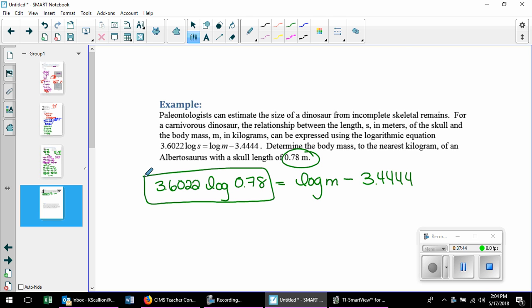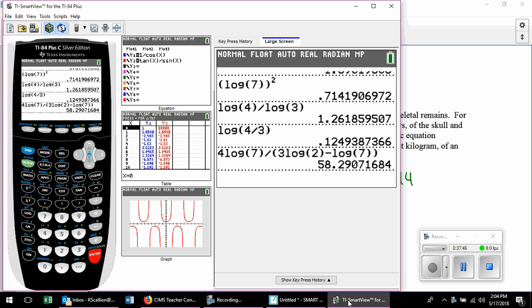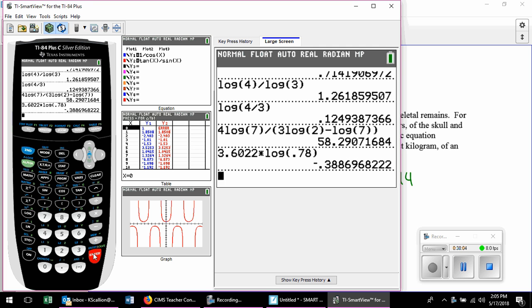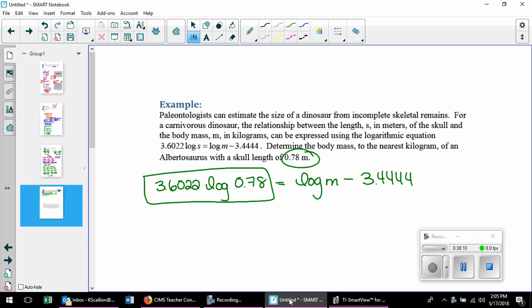So all you need to do is take 3.6022 and multiply that by log 0.78. I need to close brackets on that. And we get that number. Let's use 4 decimal places. I'm only committing to 4.